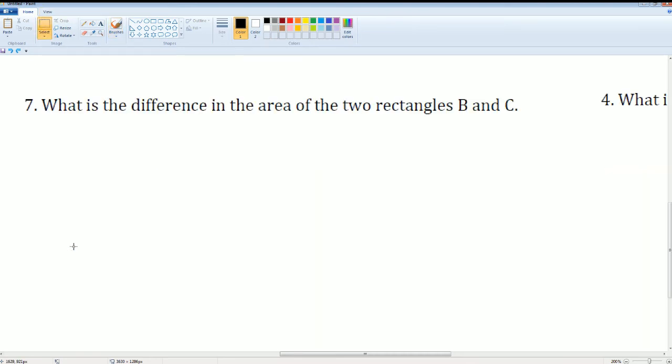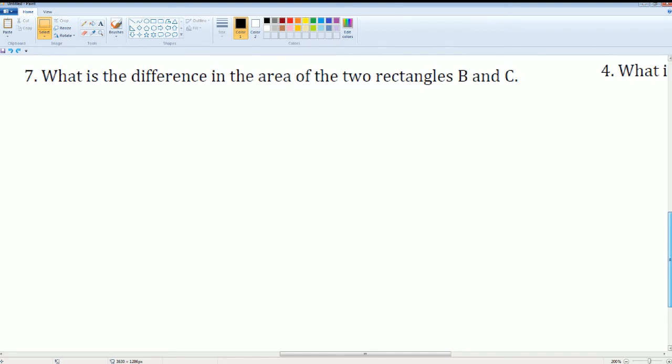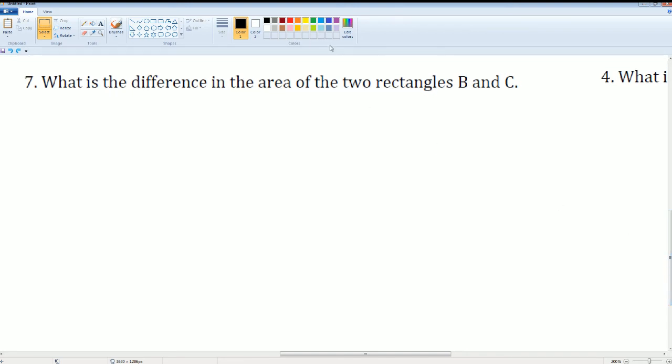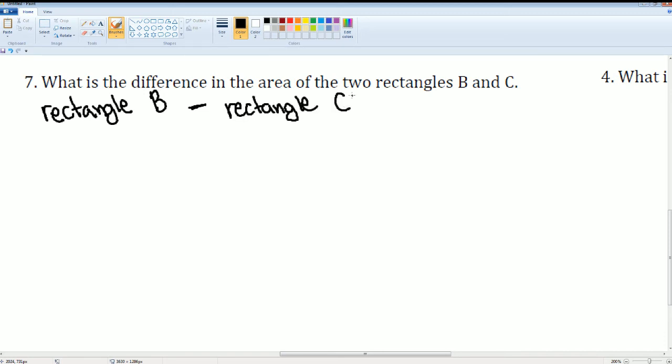So we want to find the difference in rectangle B and C. So let's just write that out. So you have rectangle B. You want to find the difference, so that is subtraction. Rectangle C.